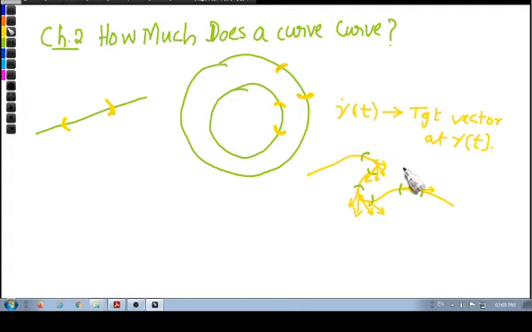That means you want to measure the derivative, gamma double dot. Gamma double dot is actually acceleration, and you want to see how much the tangent vector changes with respect to time in its direction. So gamma double dot of t probably can measure the curvature of the curve at the point gamma of t. Okay, so this is the intuitive idea.